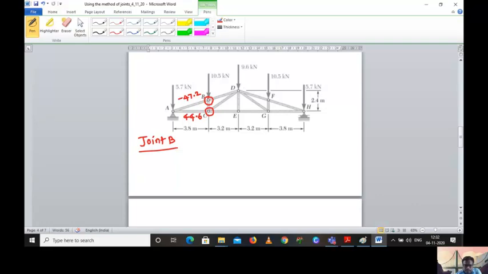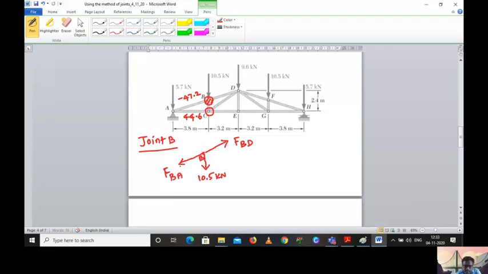So this is the point B. You know that at point B you are having one vertical force, that is 10.5 kilonewton. Am I right? And then you are having a member force FBD, and then another inclined force, like this, that is FBA.